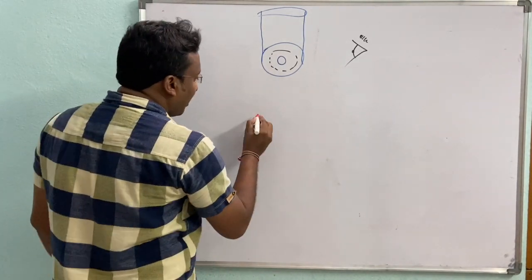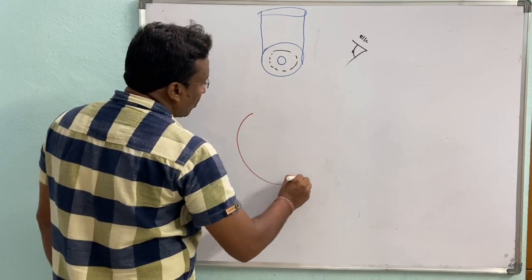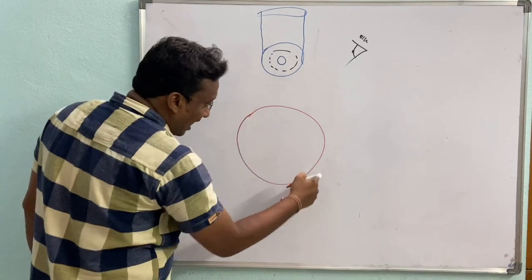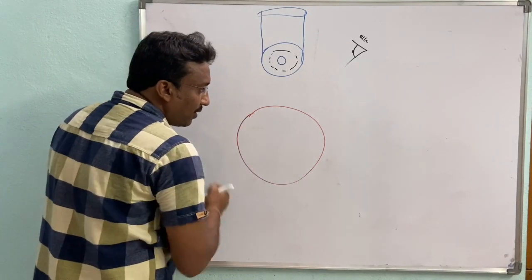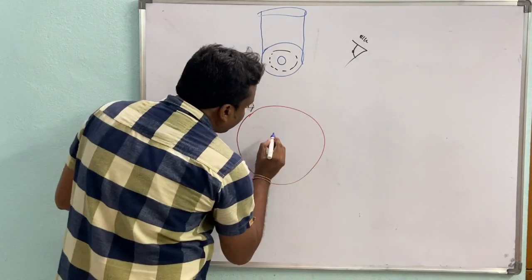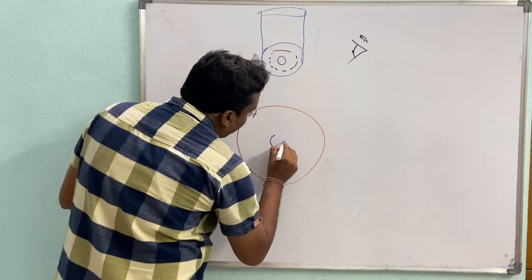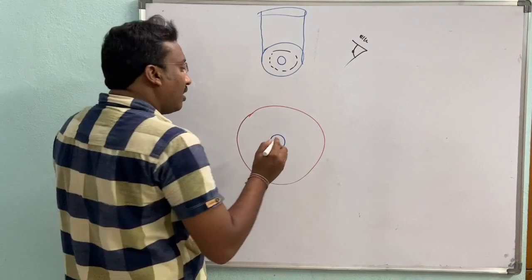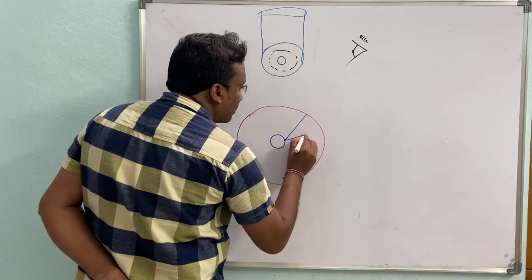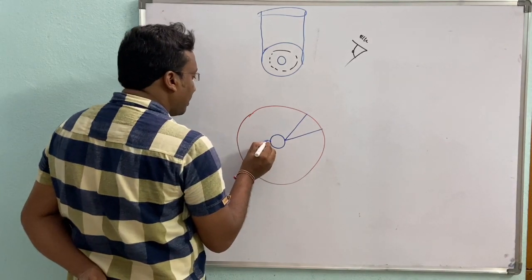Okay, right? This red color marker shows the cylindrical round shape of the glass. Alright, then here is the lemon, and the light emitted from the lemon falls on it.